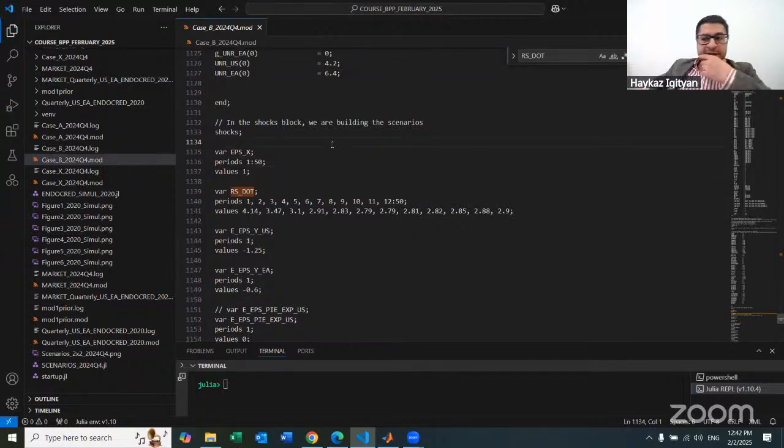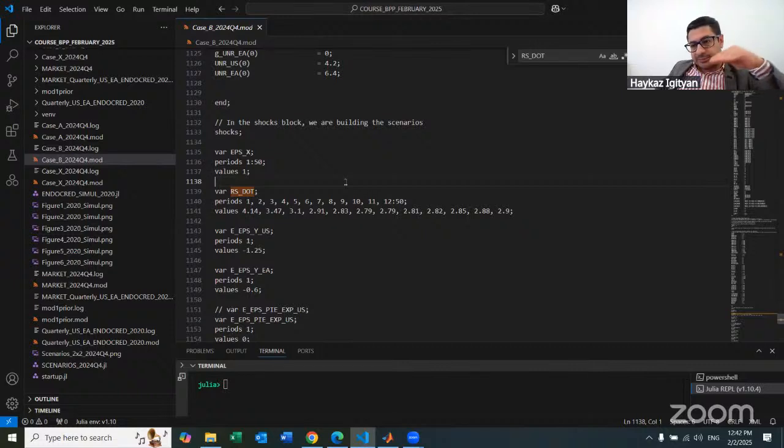The case B, I think the story here is that we follow the Fed. You can see it's here. We follow the Fed path, but from the September path, or I can't remember it very correctly. Maybe Ani, can you remember the assumptions of case B?